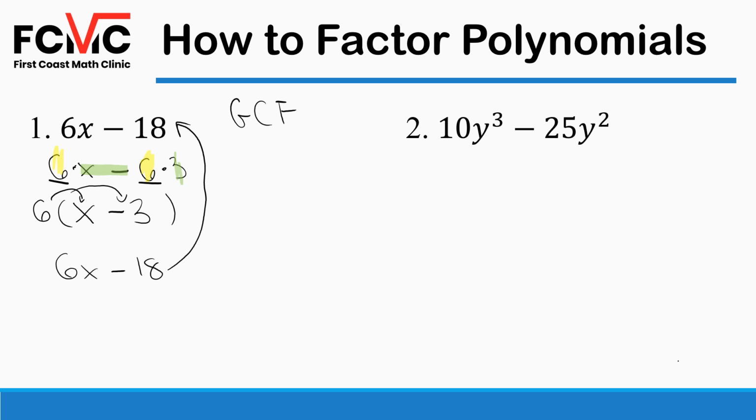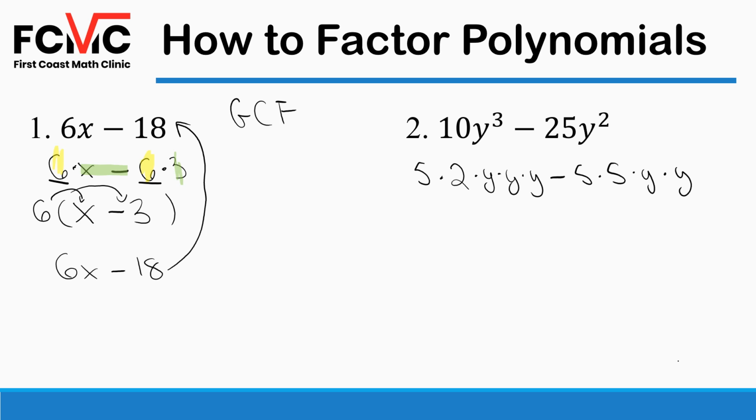For number 2, let's factor this out and find our GCF. So 10 we could factor into 5 times 2, and then this is going to be y to the third. So it's y times y times y. And then 25 we know is 5 times 5, and then y squared is y times y. So what's our greatest common factor?